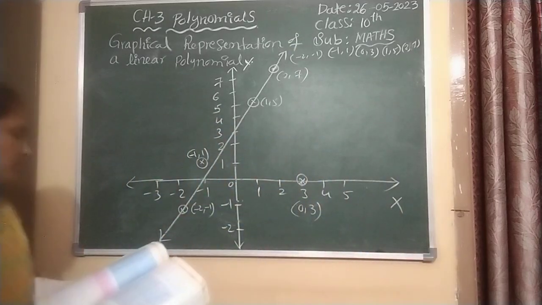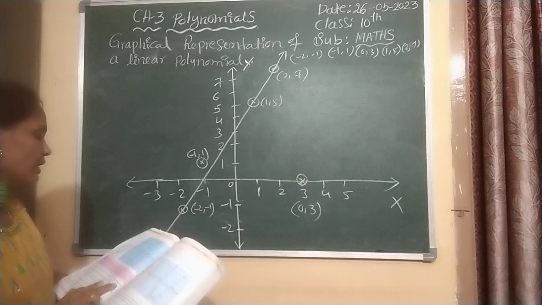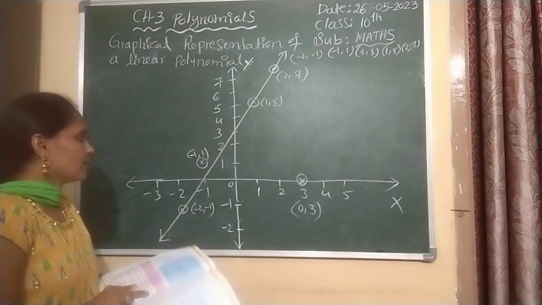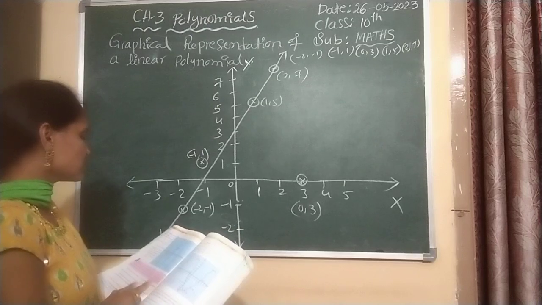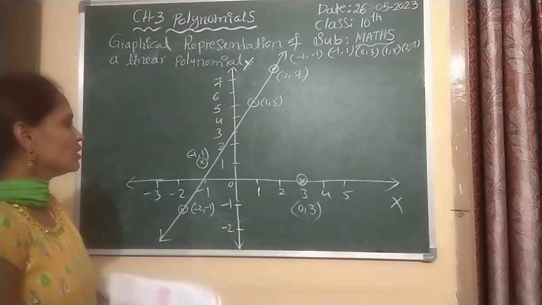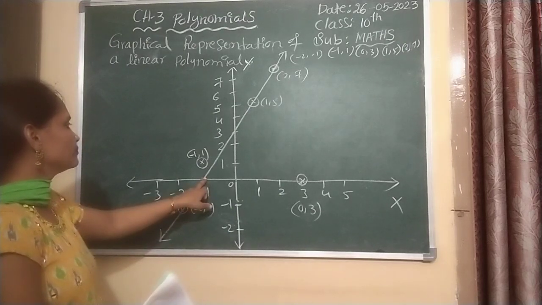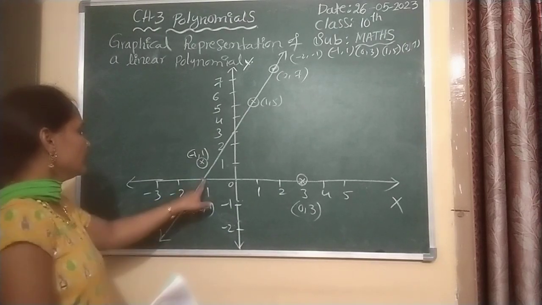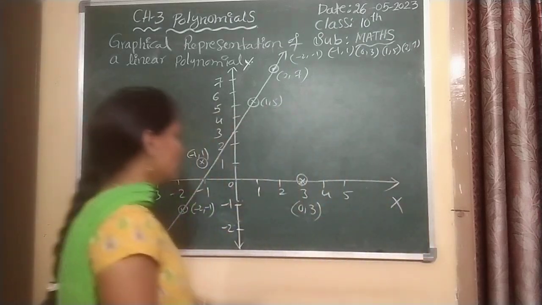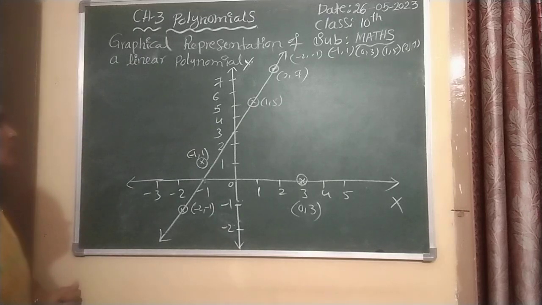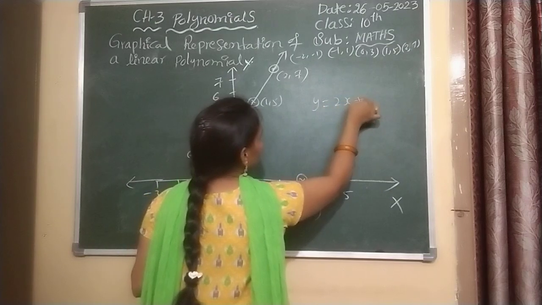Okay, we got it. Here, that straight line, where will it intersect the x-axis? It will intersect the x-axis somewhere between x equal to minus 1 and minus 2. Okay, here minus 1, it will intersect the x-axis. So here we can take the zero of y equal to 2x plus 3.